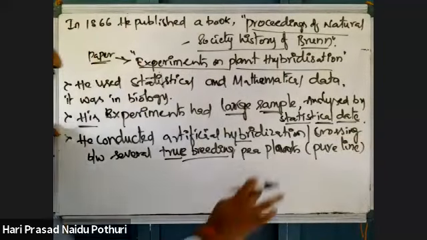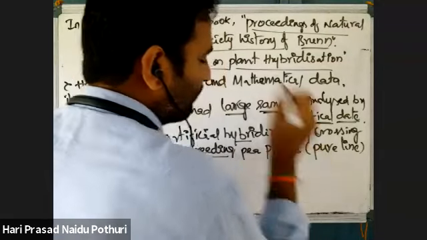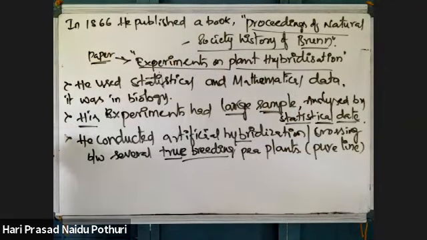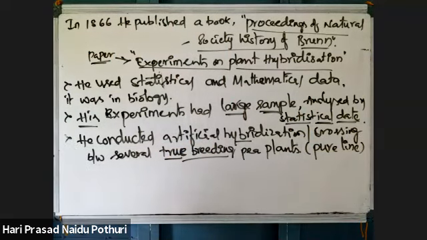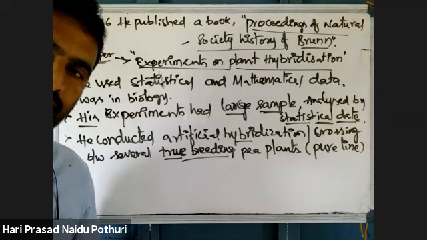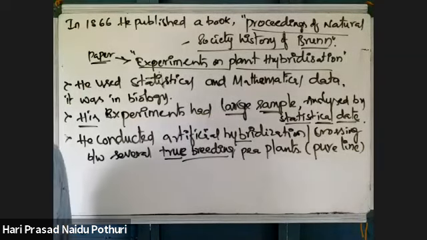Pure line is called true breeding. What is artificial hybridization?